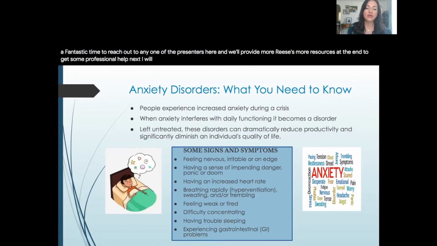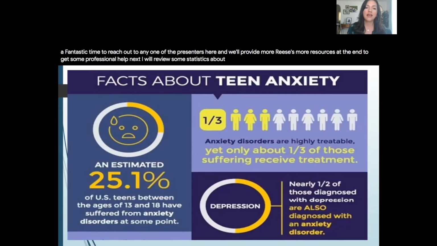Next, I will review some statistics about teen anxiety specifically. An estimated 25% of US teens between the ages of 13 and 18 have suffered from an anxiety disorder at some point.